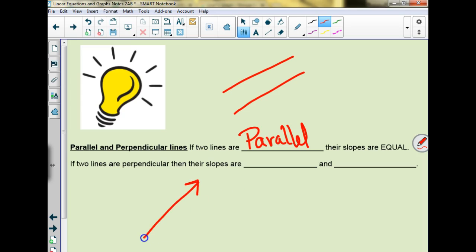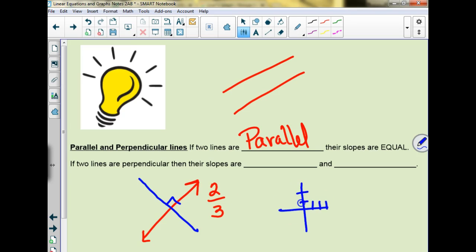So if this one was going, we'll say, up 2 and over 3, to make it be a right angle, it's going to have to go down, which changes what? Makes it negative. And if it's going to make a perfect right angle, it can't still go down 2 and over 3. Let me be a little more exact here.